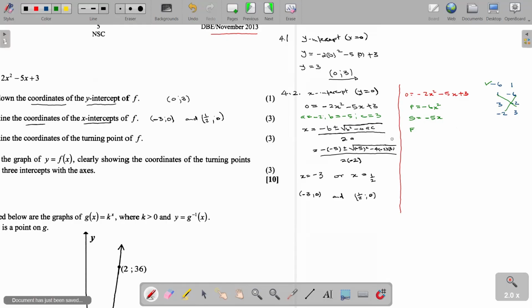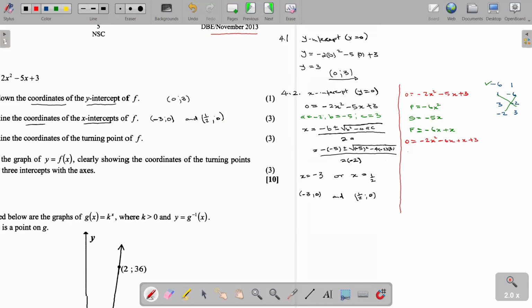So where there is sum, it means we are now going to substitute there by minus 6x plus 1x, which is plus x. So it means our 0 is equal to minus 2x squared minus 6x plus x plus 3.